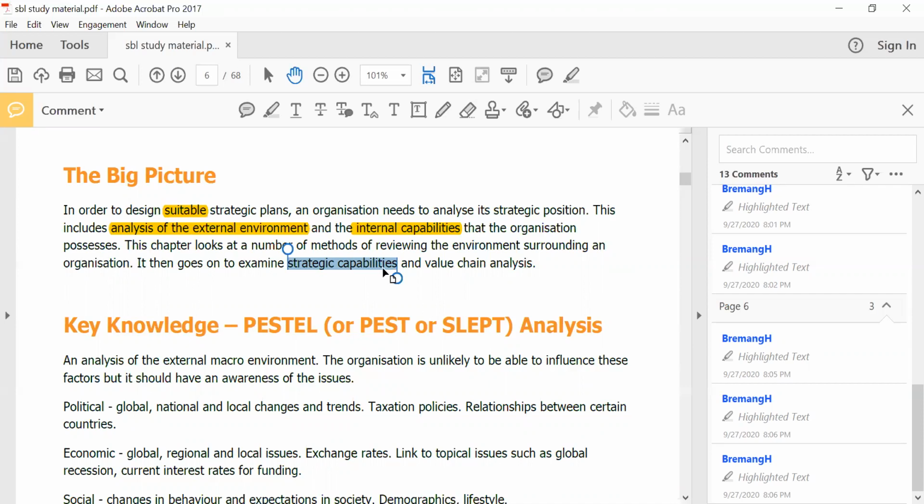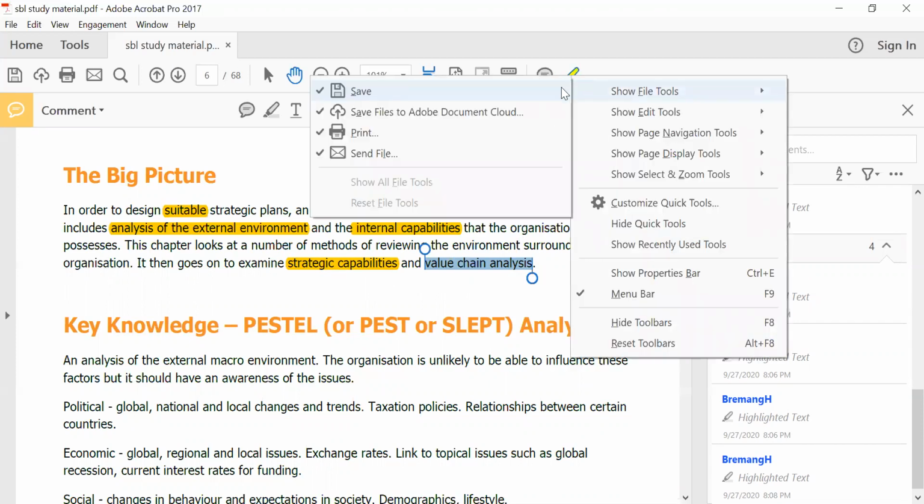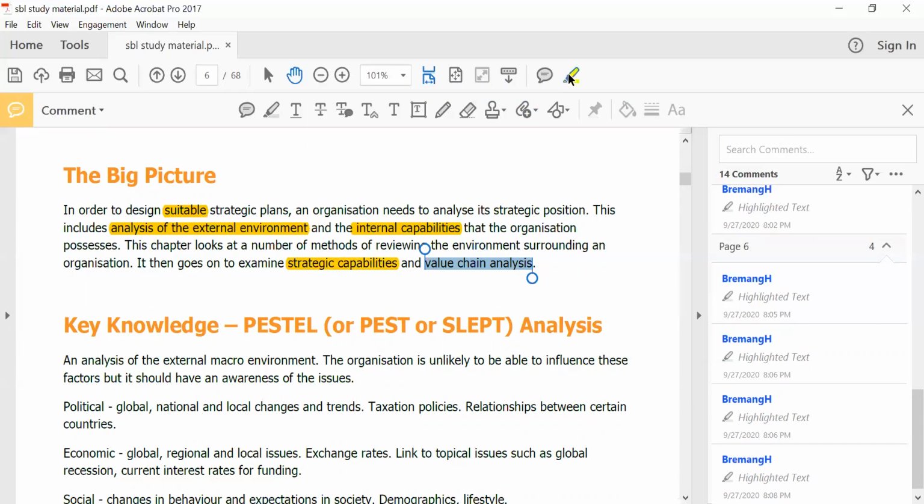We are looking at our internal capabilities, and that is talking about strategic capabilities. There can also be capabilities coming from the environment, which we can also analyze, and in that case, I'll also highlight it yellow. And the value chain analysis is also an important thing to look at, right? So I'll also highlight that in yellow.